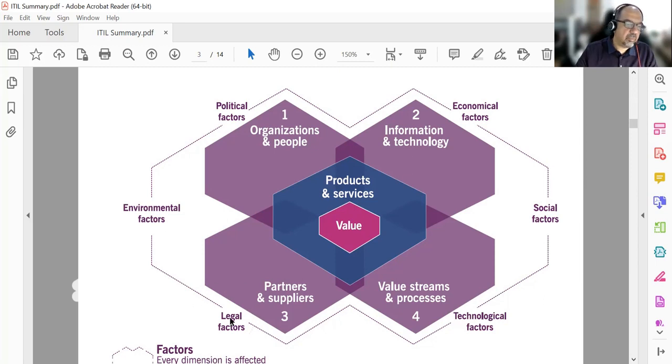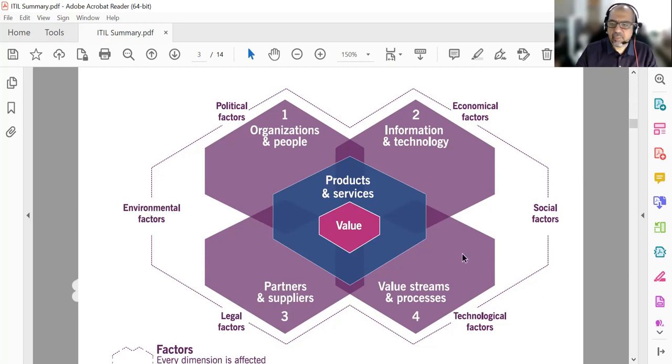Changes in laws and regulations. In the past few years, we faced COVID-19, which affected everything: our daily life, our social life, our economy, our environment.